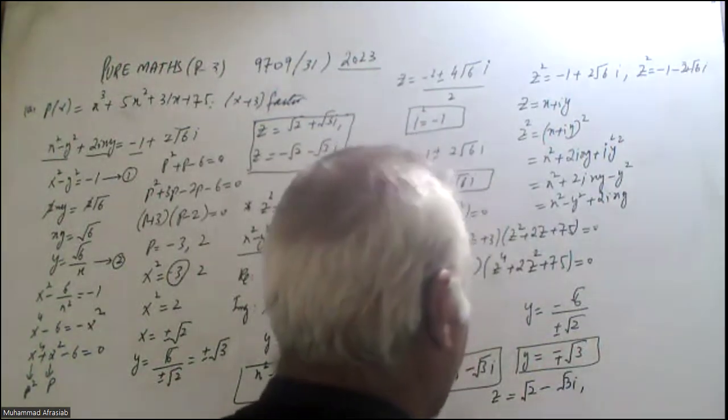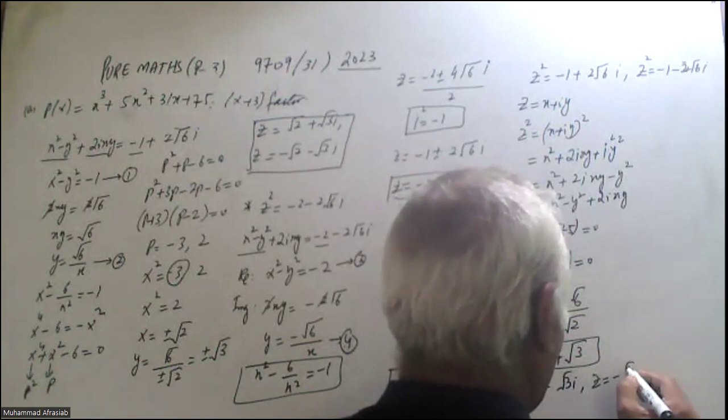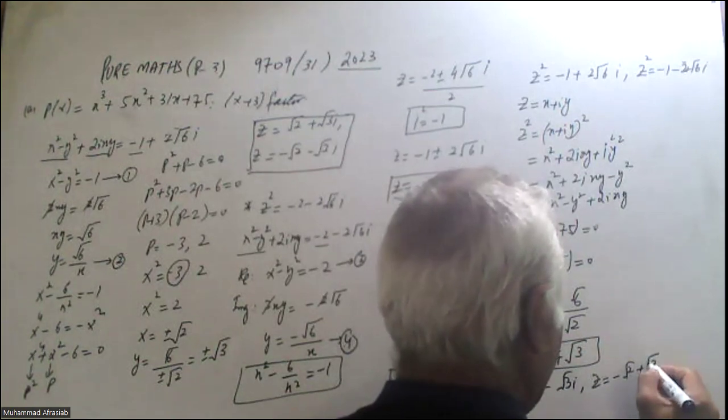And the other root of that equation is z is equal to minus root 2 plus root 3 iota there.